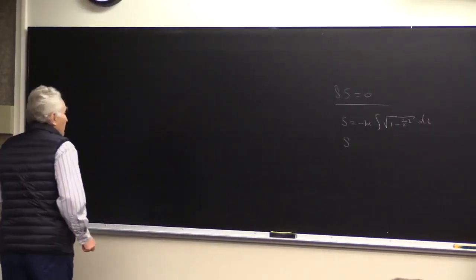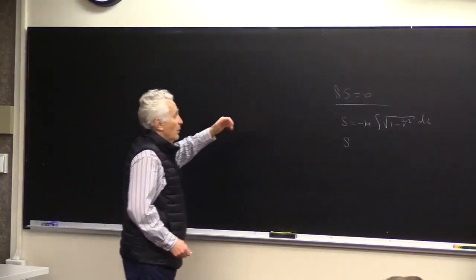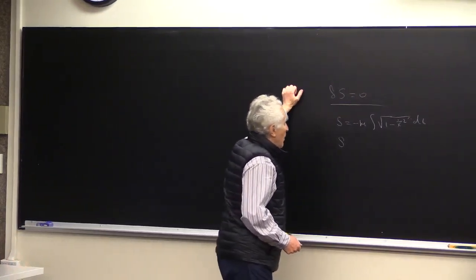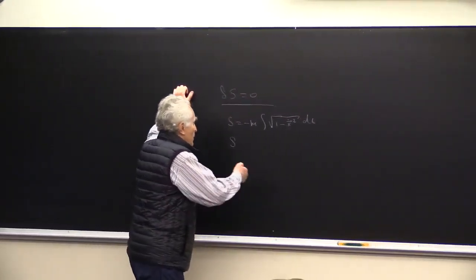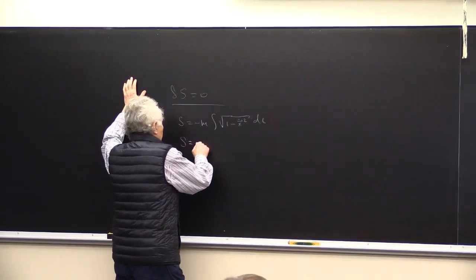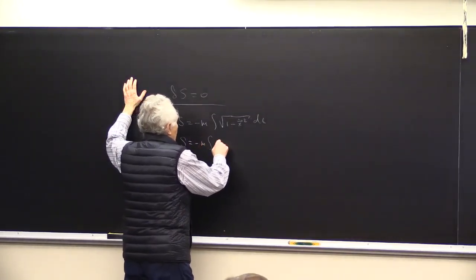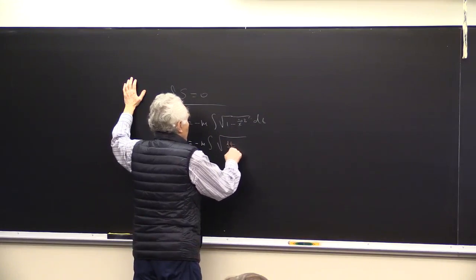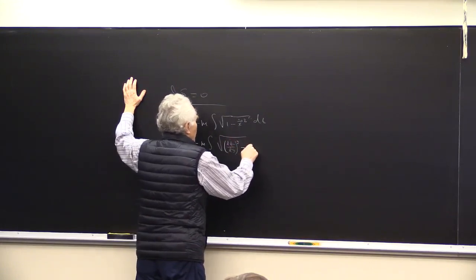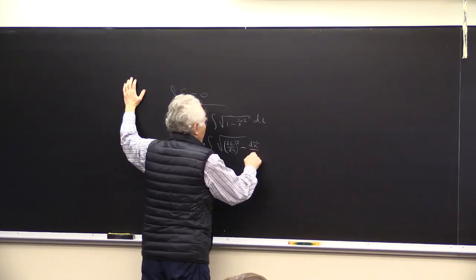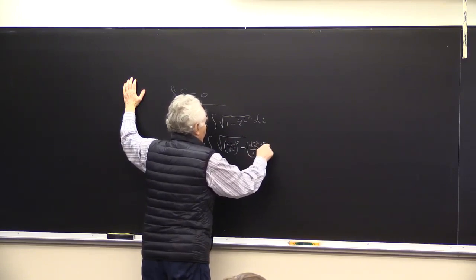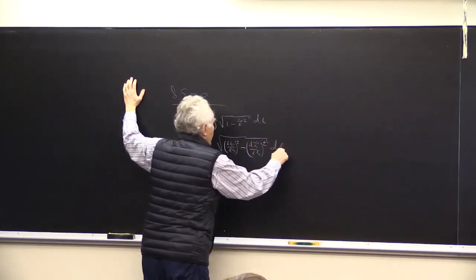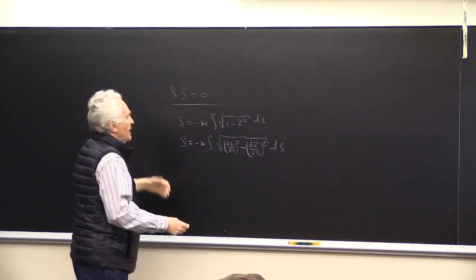We started with another form, in which Lorentz symmetry is obvious. This is the form when you take dt ds square minus dx ds square over ds.